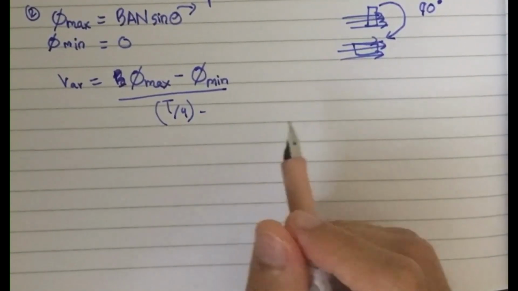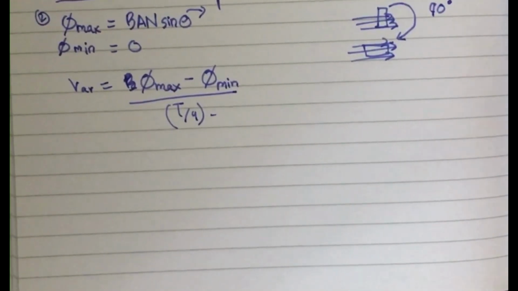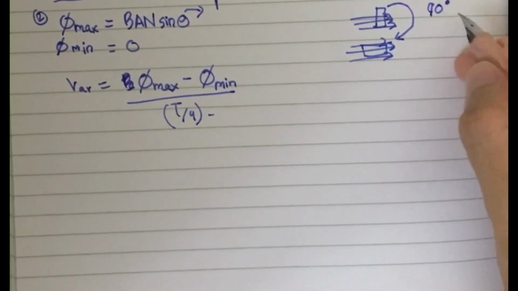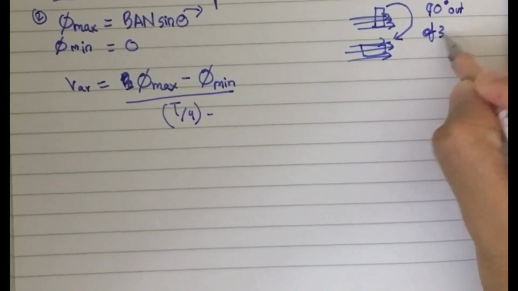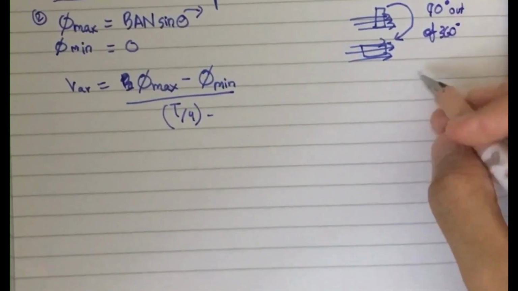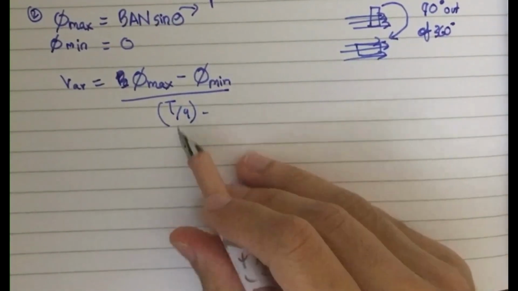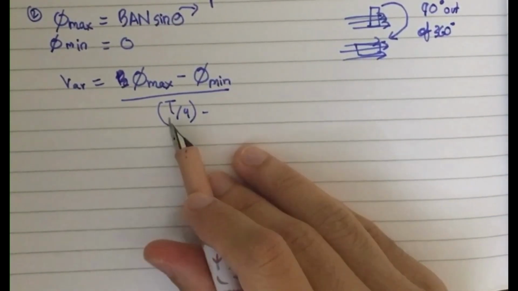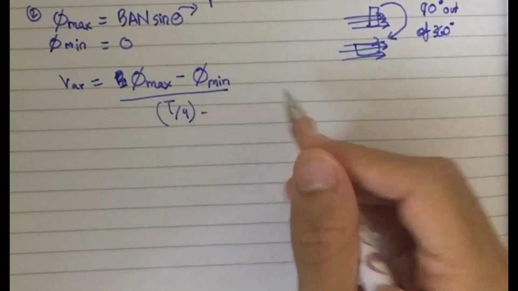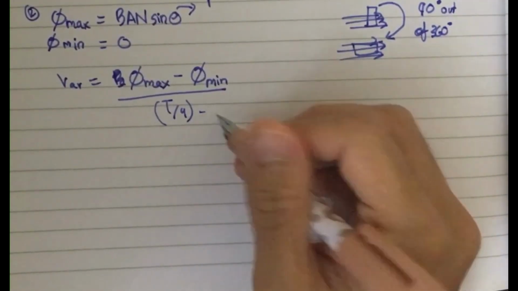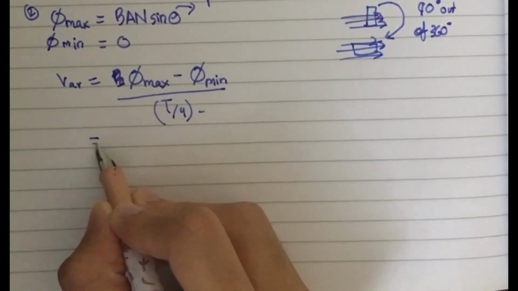You can basically do the whole 360, but I took 90, and 90 out of 360, remember that. That's why if you do 90 by 360, you get 1 by 4. Then that 1 by 4 is our time right here, which is 1 by 4, right?